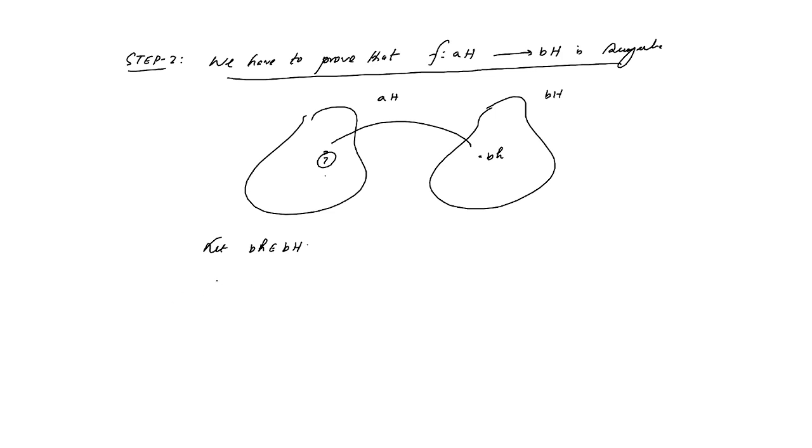Then, according to the definition of the map, f of h equals BH. So this element is basically h.